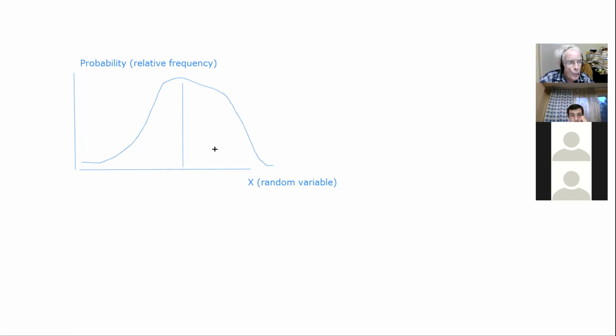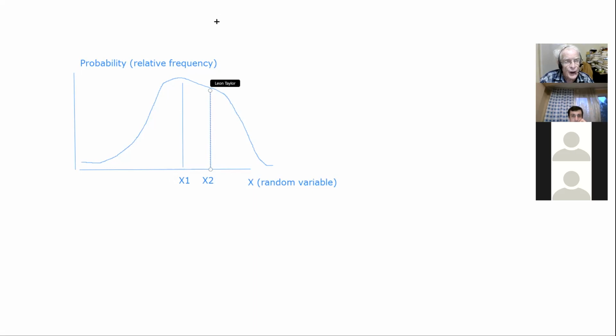Okay, so as an example, we have an interval of x values that looks like this.